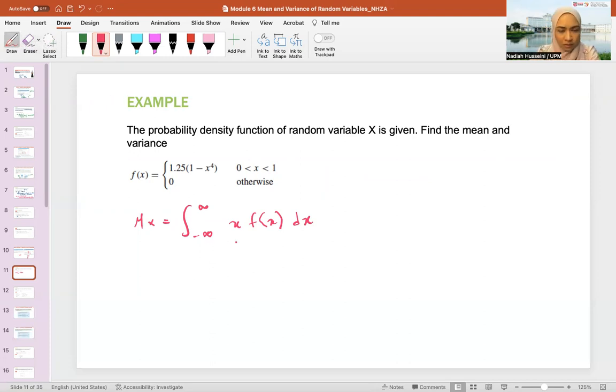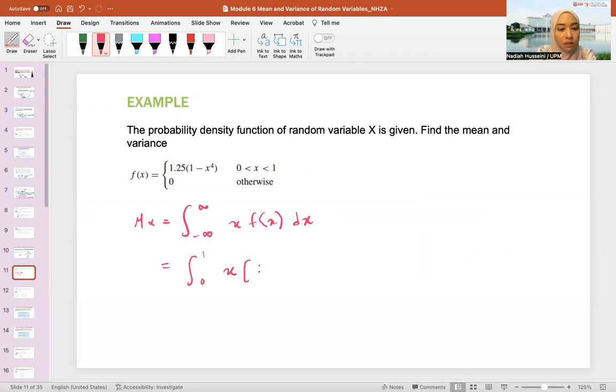Okay, so how do we do this? It goes from 0 to 1 and it is 0 otherwise. Find the mean and the variance. So let's just plug in the equation. First we start with minus infinity to infinity, but X only goes from 0 to 1. So this is our boundary. And we have our random variable X, and we need to plug in our function fx.